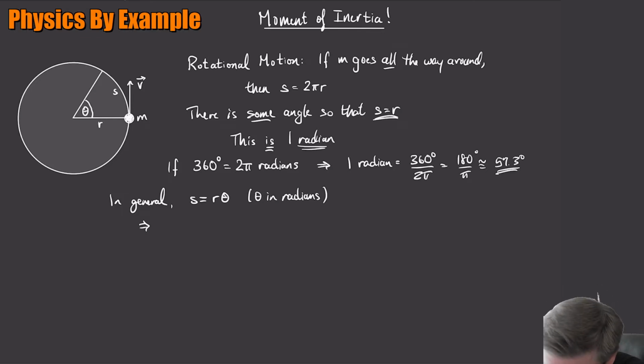So the speed is ds/dt, and that's going to be equal to, now we have to be a little careful, because it's two things multiplied together on the right-hand side, r and theta. If I take the derivative of the right-hand side, you might think, uh-oh, I've got a product rule: theta times dr/dt plus r times d theta/dt. But r is constant.